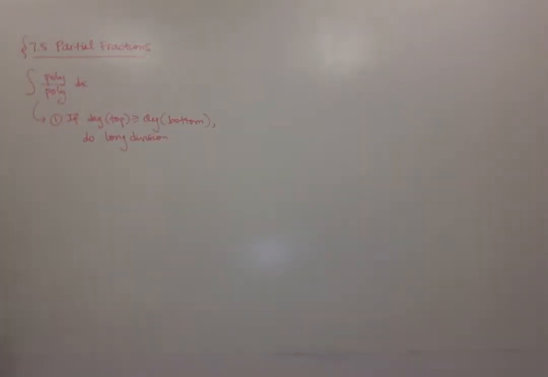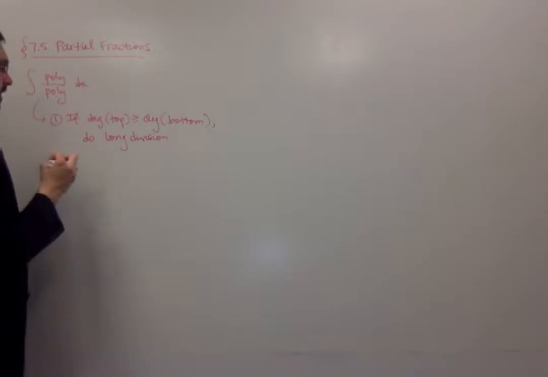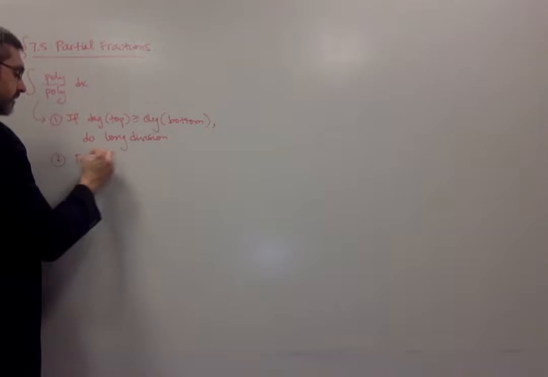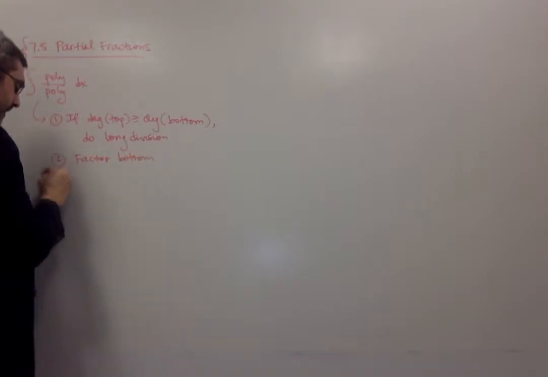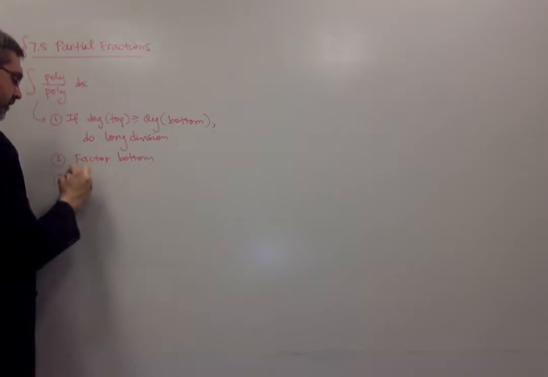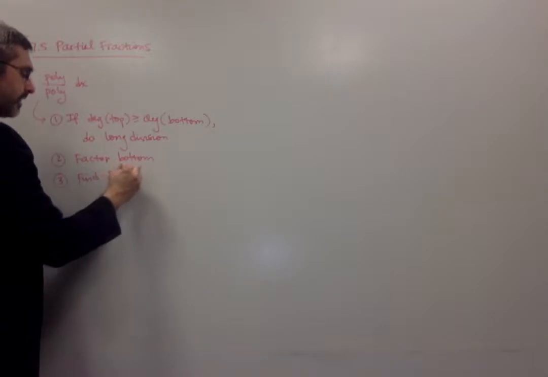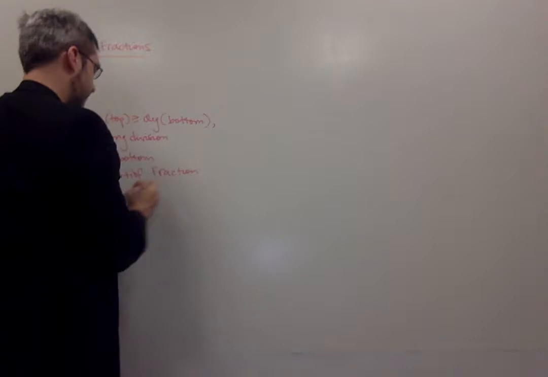Okay? And we've seen long division before with polynomials. I'm not going to get into that. What we then do is we factor the bottom of the fraction, and then based on that factoring, we find the partial fraction decomposition.